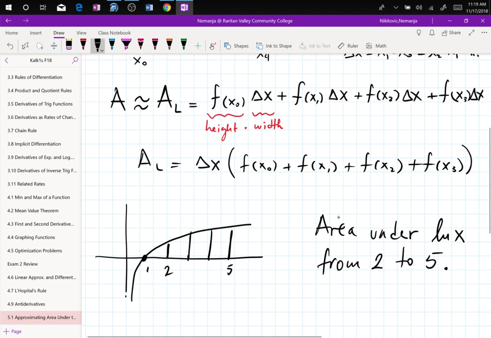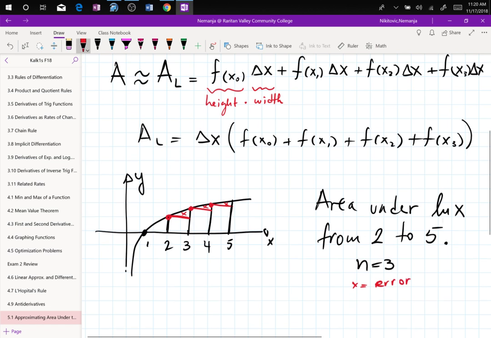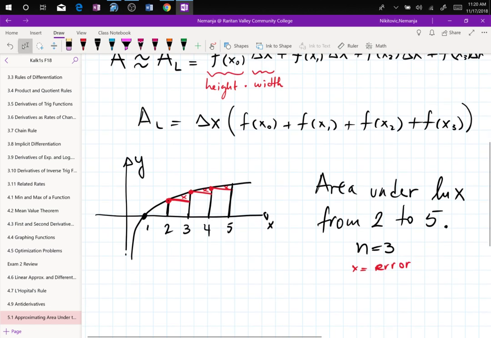And we are going to use n equals 3 rectangles, so it's not just easy to compute, but quick to compute. So I'm going to draw my left rectangles. The first one is at 2, second one is at 3, and the last one is at 4. I'll put little x's. That's the error, as usual. So the area we are finding in this case is going to be less than the actual area.